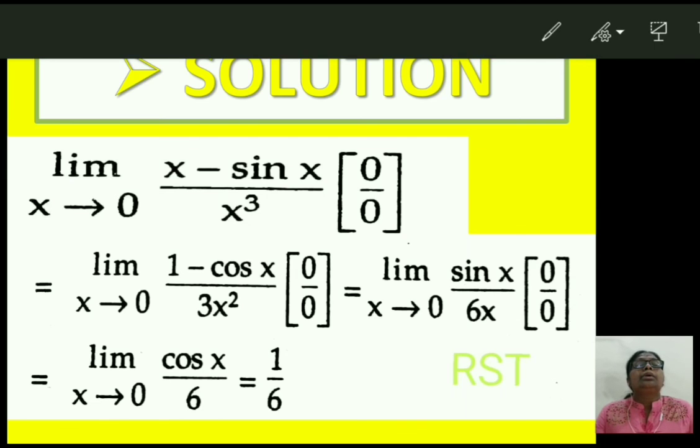So limit of x minus sin x upon x cube as x tends to 0 equals limit of derivative of sin x, which is cos x, upon derivative of 6x, which is 6, as x tends to 0. And as x tends to 0, cos of 0 is 1. So in the numerator we get 1 and in the denominator 6 as it is. So finally we get the result equal to 1 by 6, which is the limit of the given function.